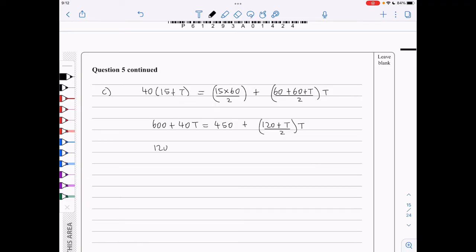So 1200 plus 80T is 900 plus 120T plus T squared. So 0 is T squared plus 40T minus 300, and therefore the constant K is 40.